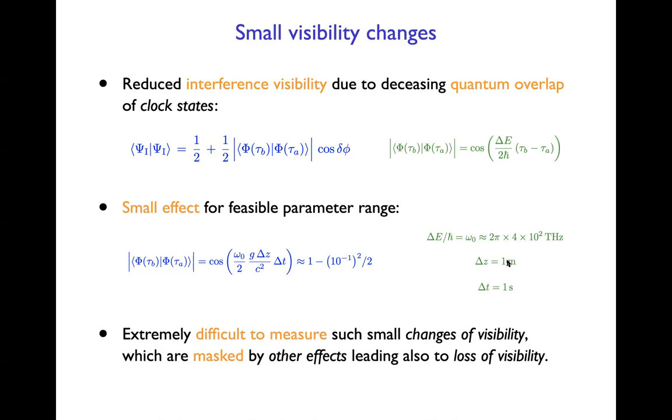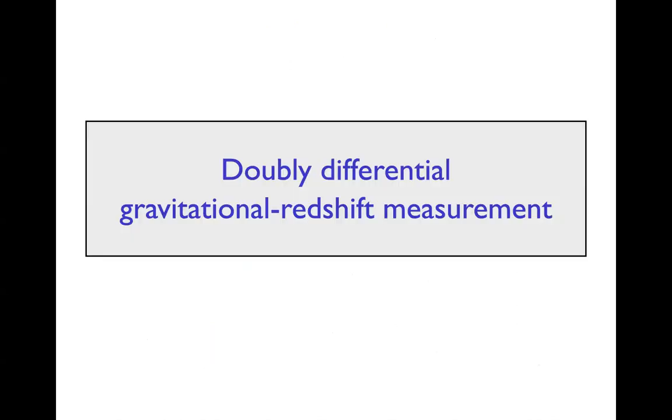You would need to push these parameters beyond regimes that can be easily reached in the near future with the kind of experiments that have already demonstrated their ability, or in the reasonable future. Okay, so these are the challenges. These are the difficulties so far.